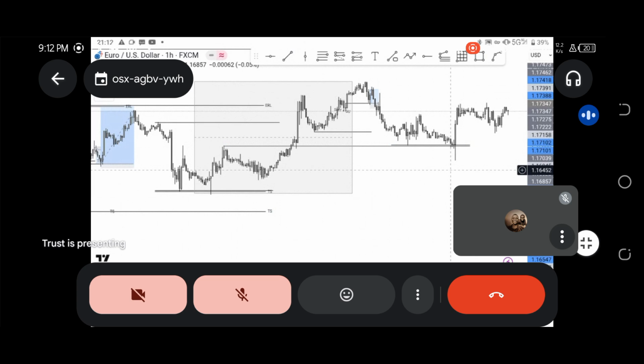So that's what happened here. And that's also what happened in GBP USD. So ultimately the trend was bullish, but we know we would have a bearish day. We saw the sign of a bearish day from the daily time frame already.